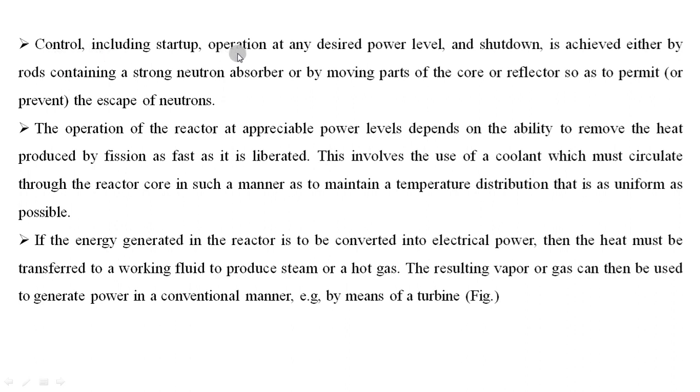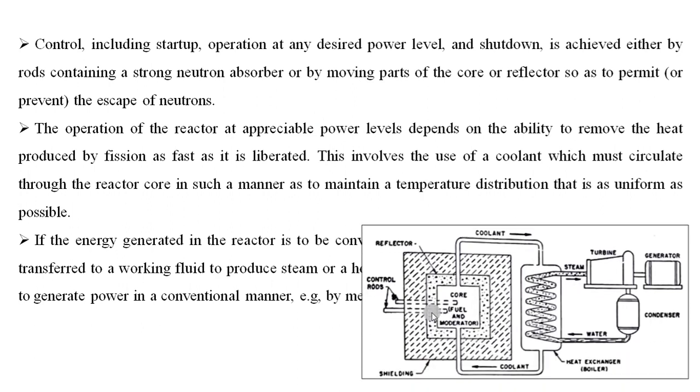Control of operation at any desired power level, and shutdown, is achieved either by rods containing a strong neutron absorber or by moving parts of the core or reflector so as to permit or prevent the escape of neutrons.